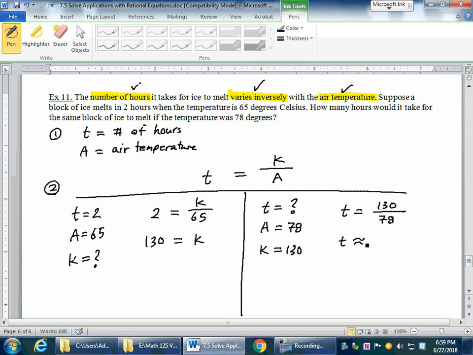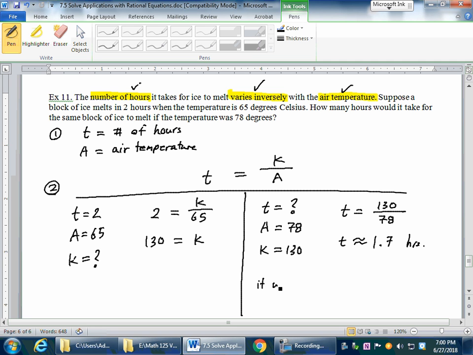If you use the calculator, 130 divided by 78 comes out approximately 1.666, so it will be approximately 1.7 hours. So now I can interpret it.